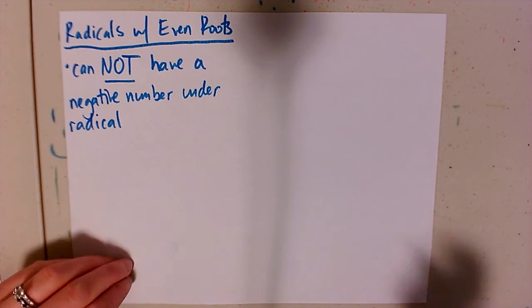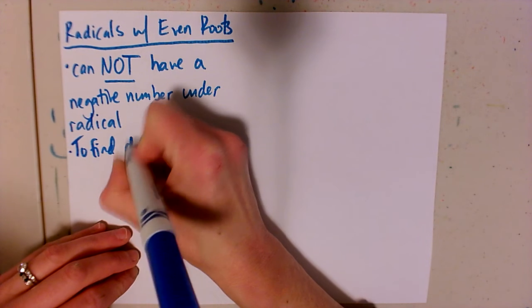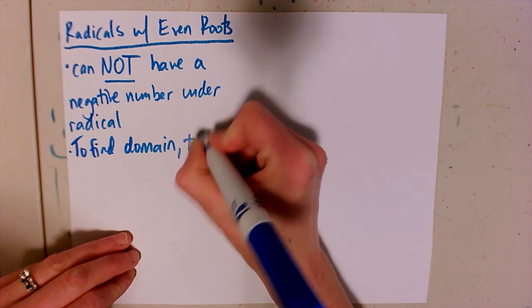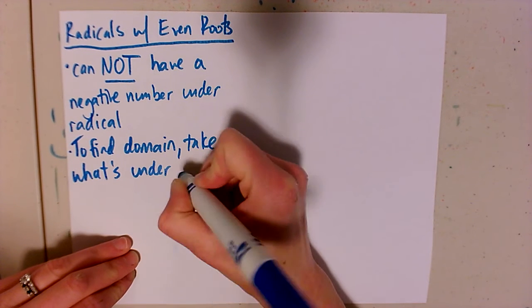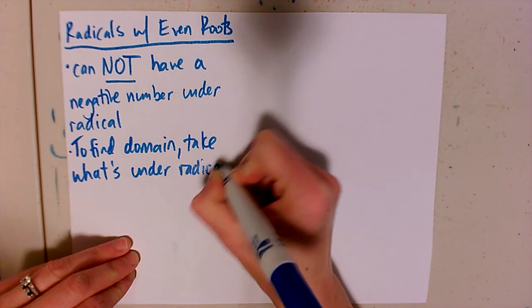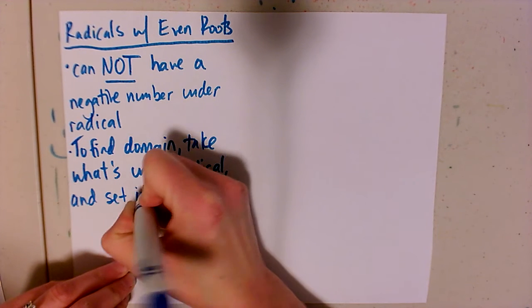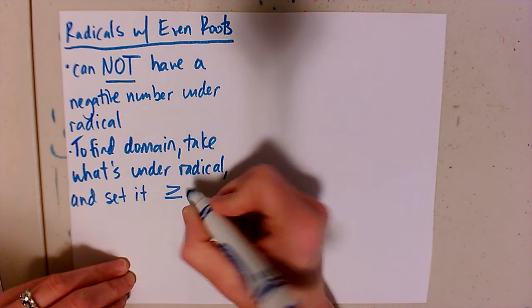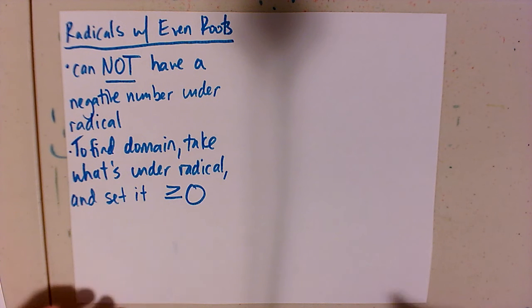So to find the domain, you take what's under the radical and you make an inequality and you set it greater than or equal to 0. Okay? By setting it greater than or equal to 0, you're saying that it can be 0 or positive.